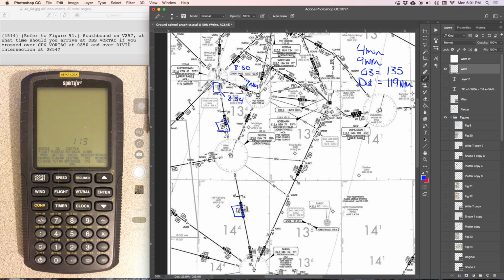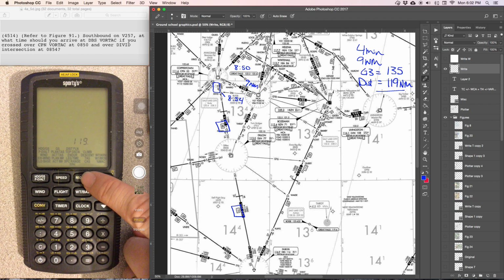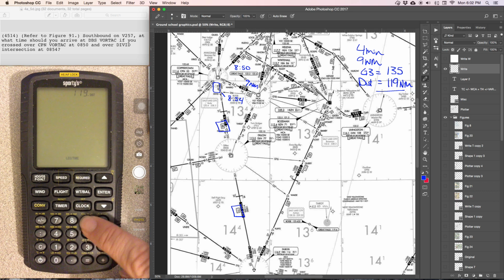Now that we have ground speed and distance, we can determine the leg time. So we're going to go into flight, down to leg time, distance 119, ground speed 135.